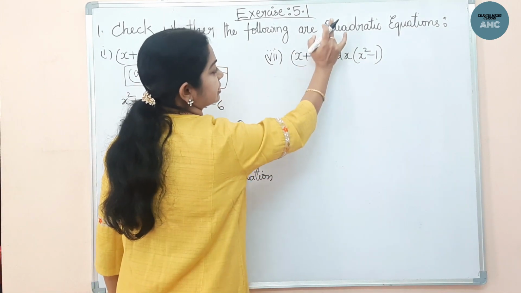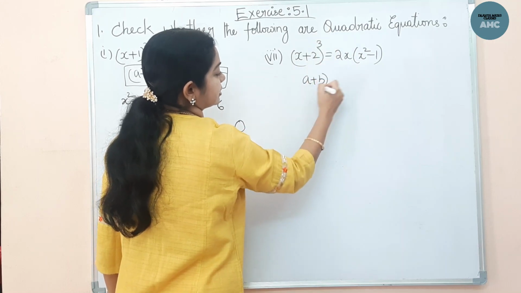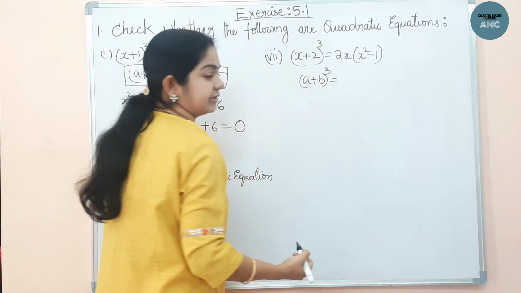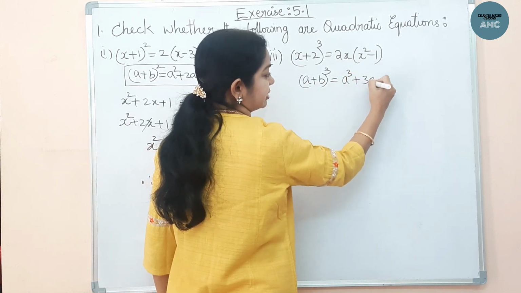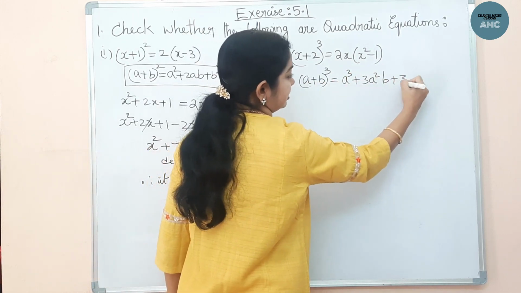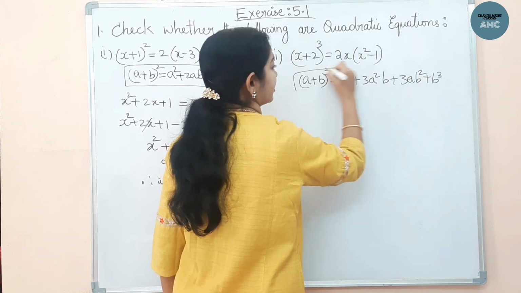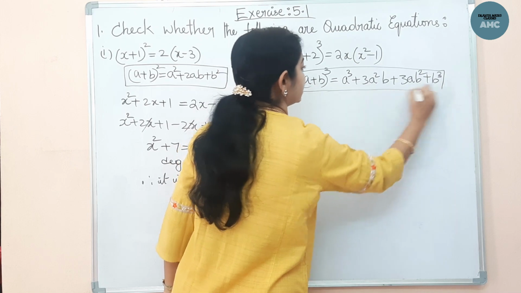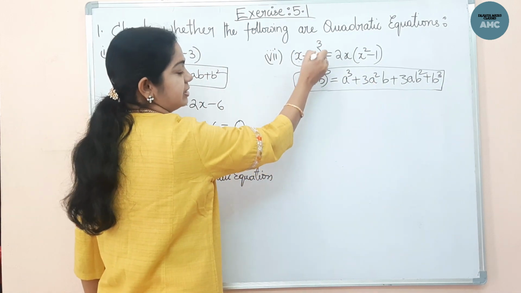Now here, this is a cube, a plus b whole cube. Right? Identity. Let us expand this identity: a cube plus 3a square b plus 3ab square plus b cube. According to that algebraic identity, I'll expand where a is x, b is 2.